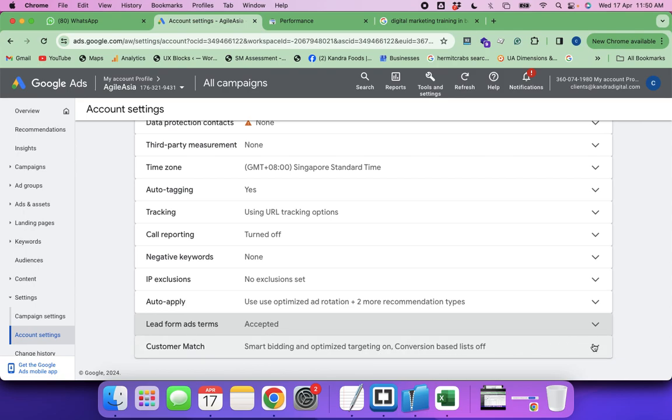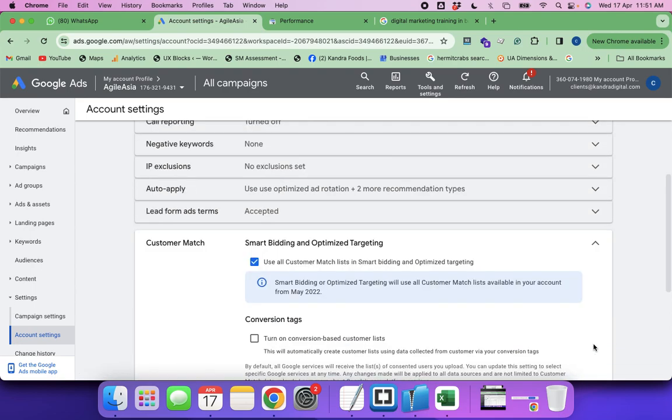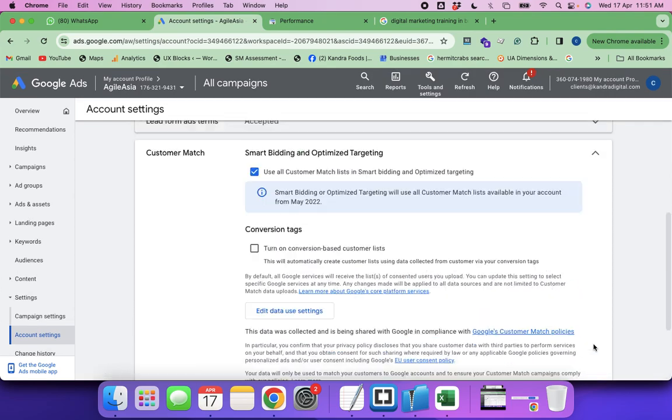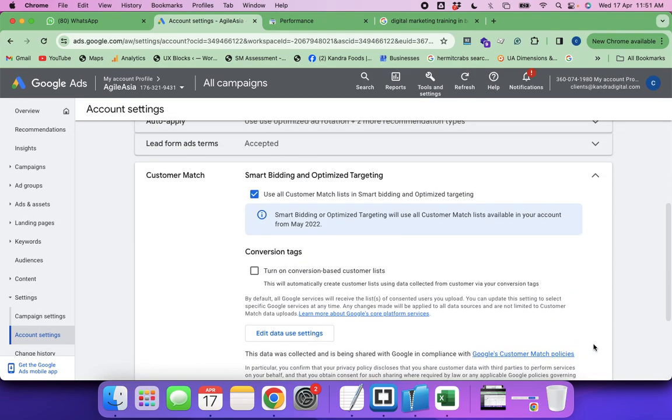Customer match, smart bidding and optimized targeting on conversions basic list. Use all customer match lists in smart bidding and optimized targeting. Smart bidding or optimized targeting will use all customer match lists available in your account from May 2022.